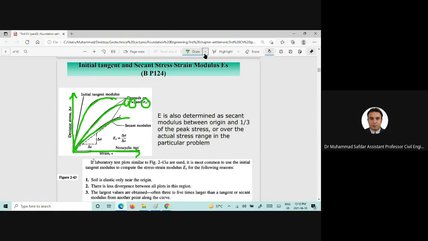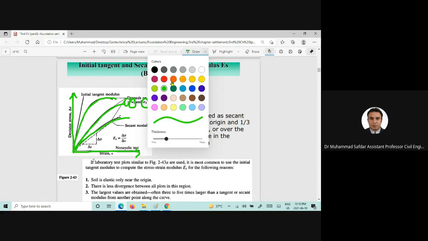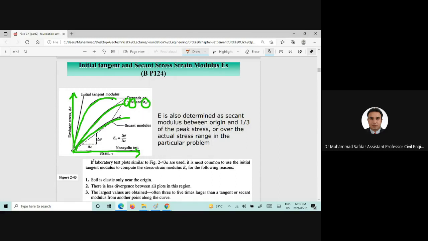Now, if you want to find the initial tangent modulus, you can simply draw a line, and then for those corresponding strains and stress levels, using this equation you can find the modulus of elasticity or the initial tangent modulus.